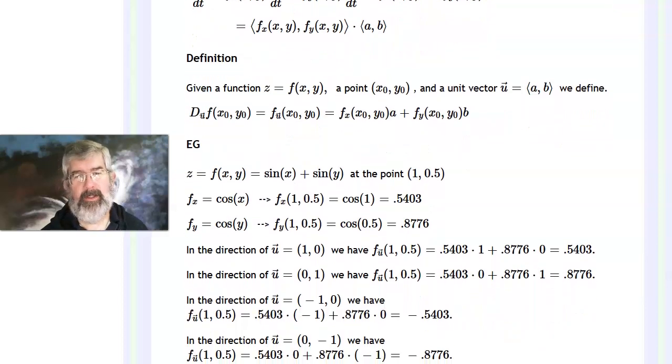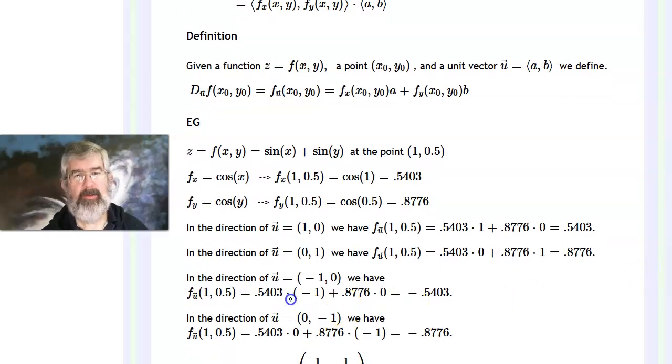Now, interestingly, if you take a look at the direction -1, 0, then we have that this partial derivative is this times -1 plus that times 0, which is minus. So this is an important point here. This is minus the partial with respect to x. In the direction of the x-axis, the slope was 0.5403.